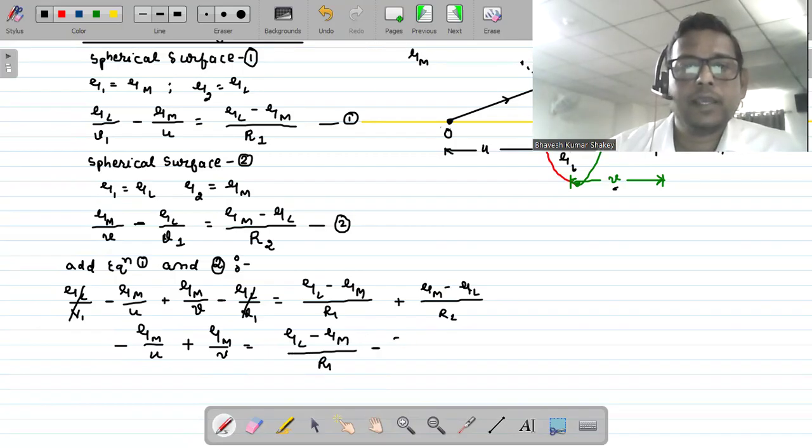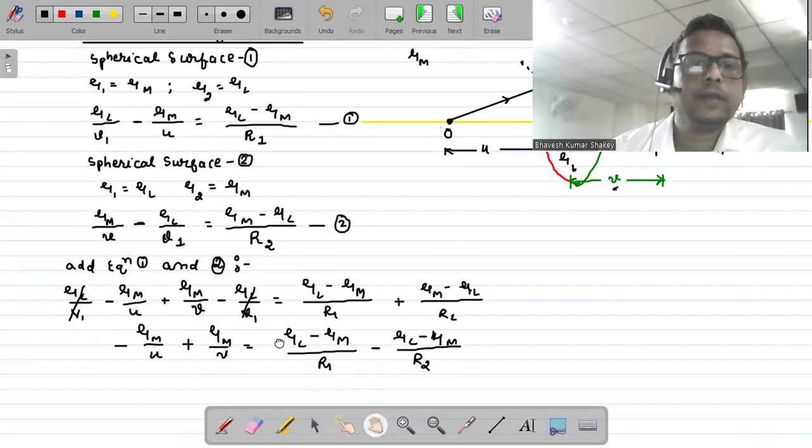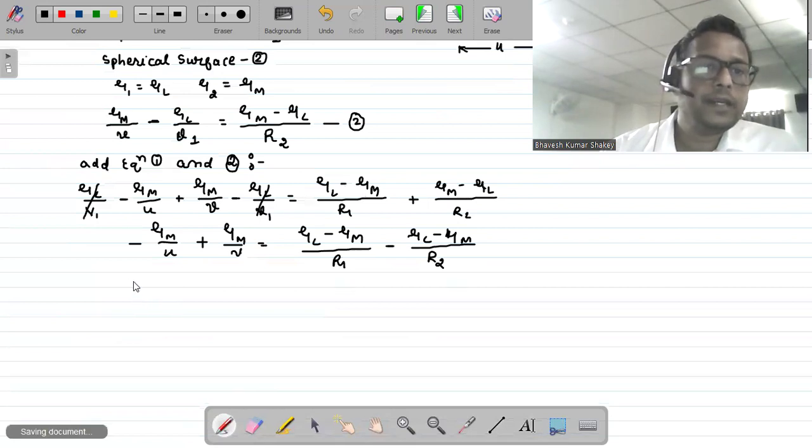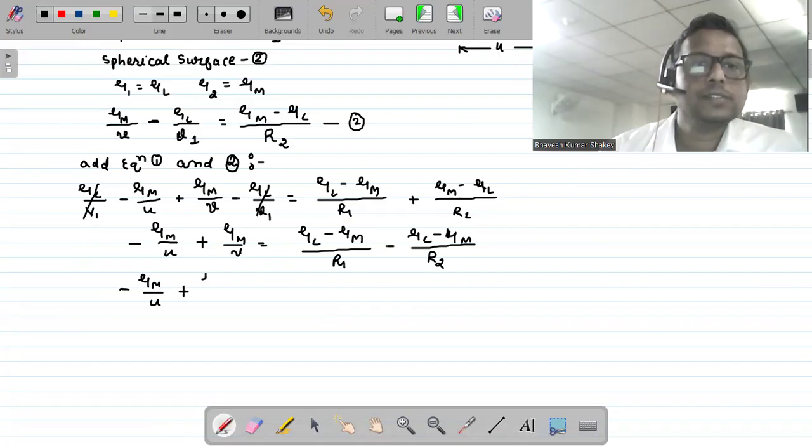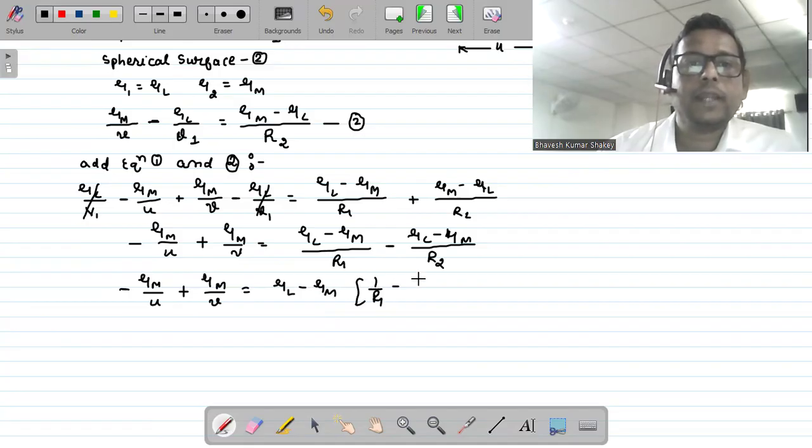So minus, I can write it as mu L minus mu M, divided by R2. Further, we can write it as minus mu M by U plus mu M by V is equal to mu L minus mu M into 1 upon R1 minus 1 upon R2.